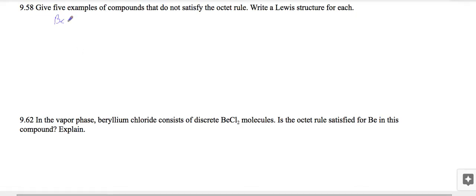You could do boron or beryllium dichloride, boron trihydride, sulfur hexafluoride, phosphorus pentachloride, xenon tetrafluoride, xenon difluoride. All of those would work. And we're going to have plenty of time to practice those exact ones later, so I'm not going to do the Lewis structures for them now.